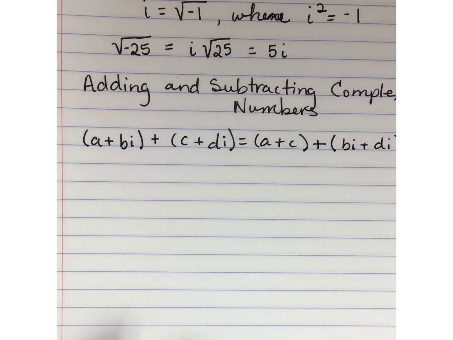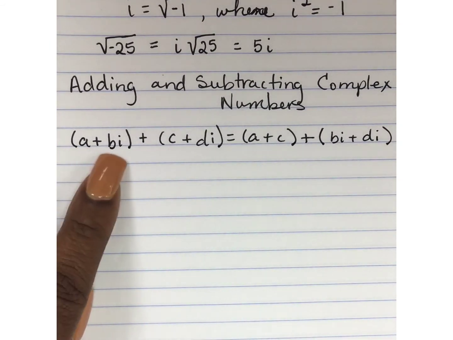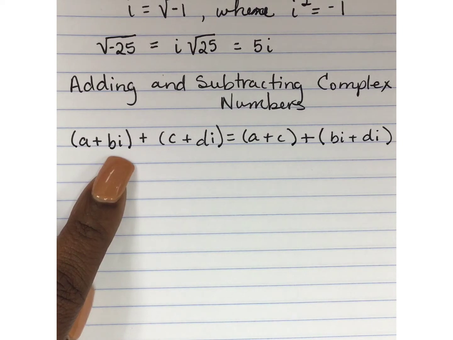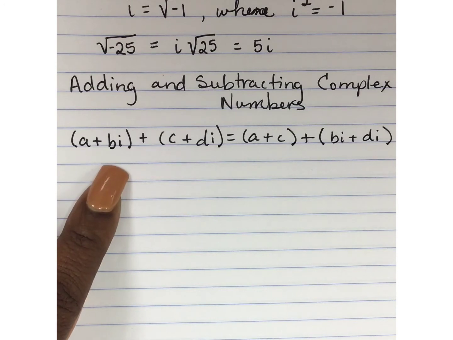Now notice that whenever we write a complex number, the real number appears first and the imaginary number appears second. And this is very important. The real number should appear first and the imaginary unit should appear last.